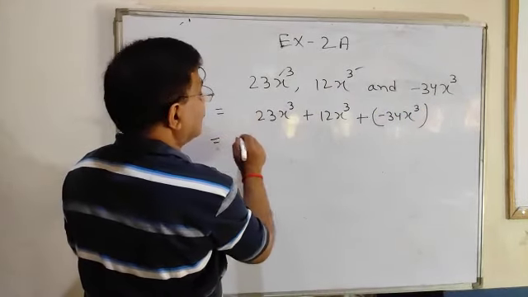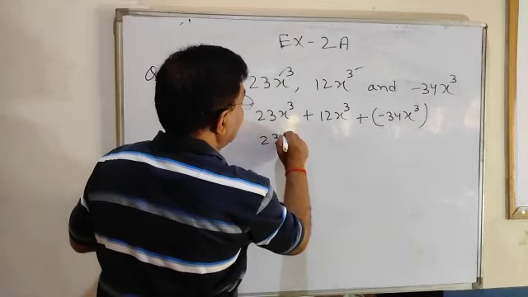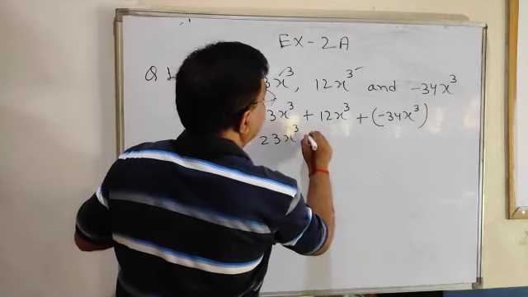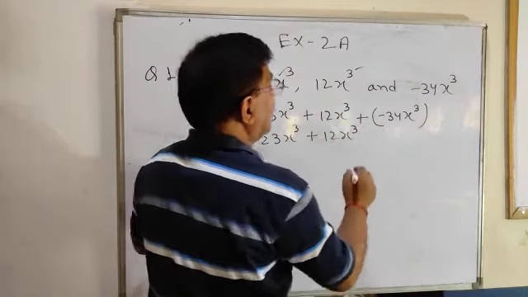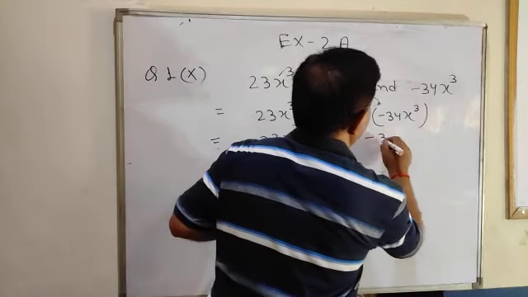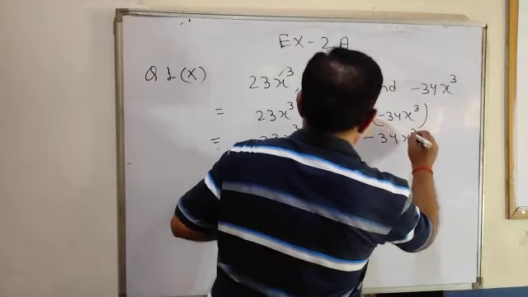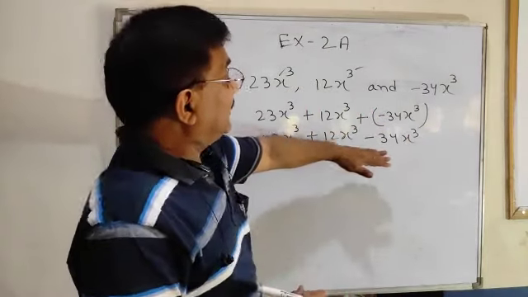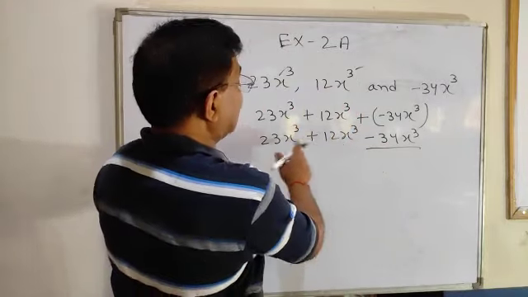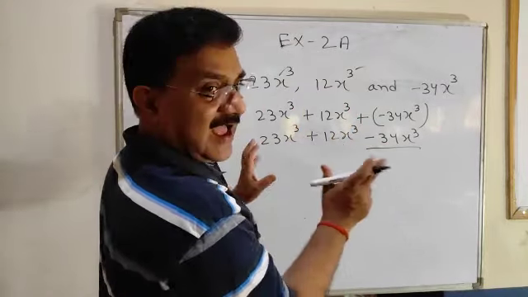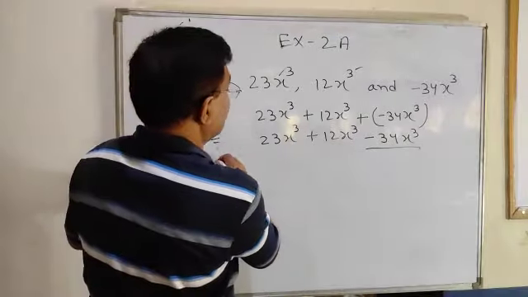Now see, 23x cube plus 12x cube, and it will become minus 34x cube. Now here minus sign is there, and in this plus sign is there.